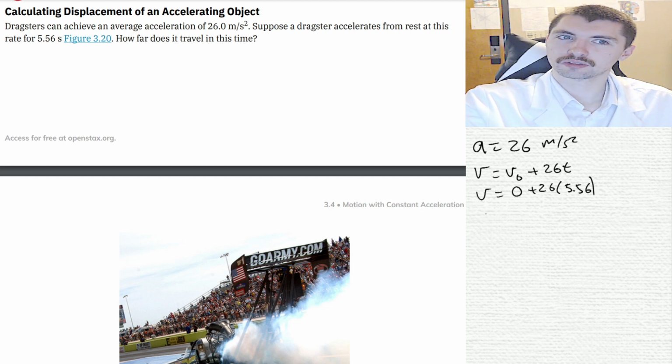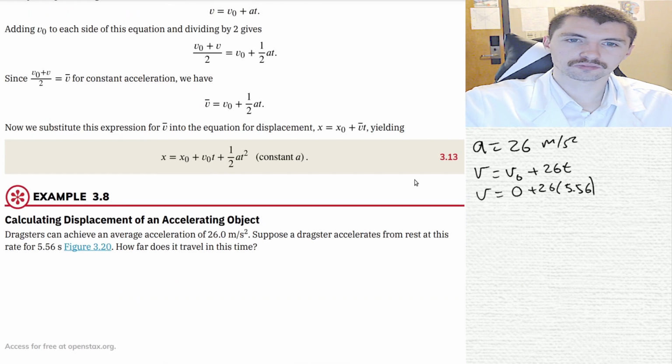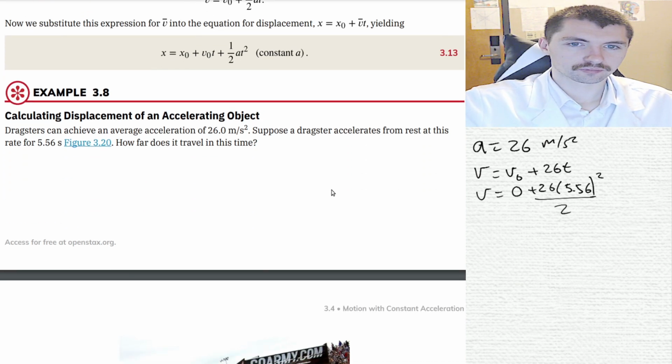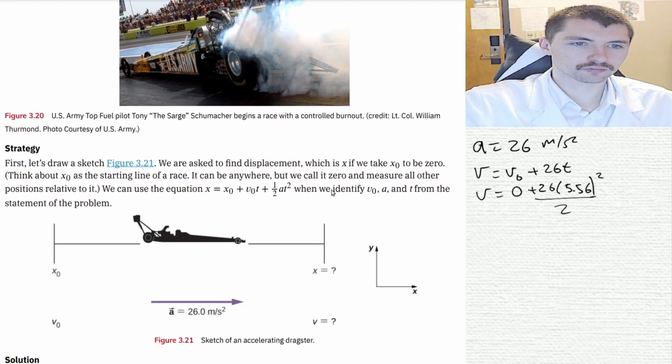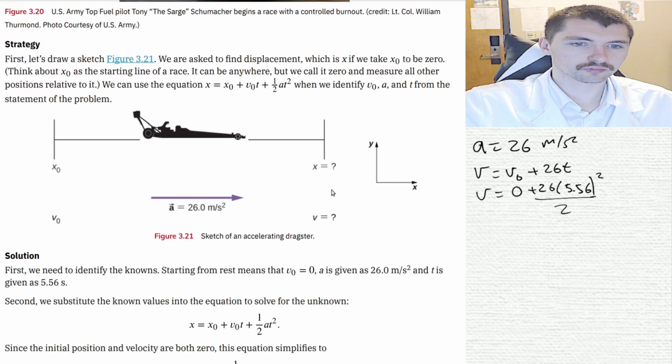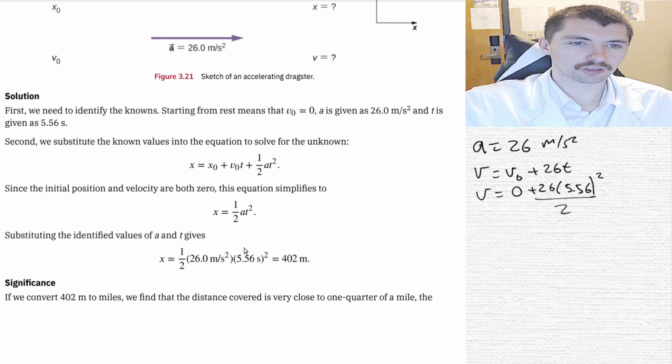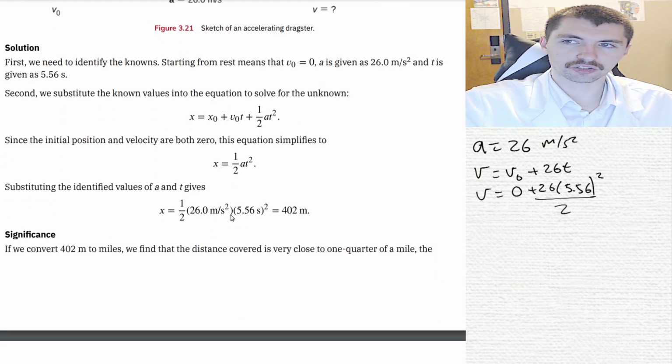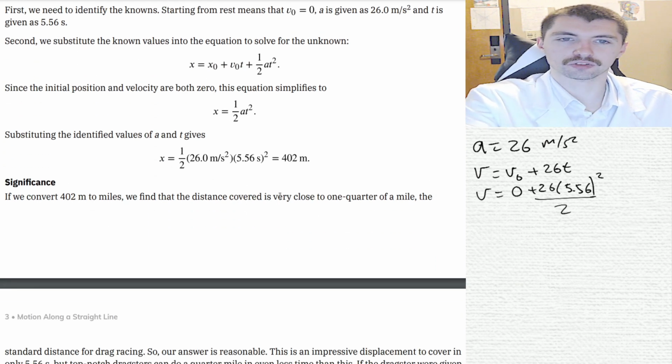So I think it's going to be something like that, right? Okay, 1/2 times 26 times 5.6 squared, 402 meters.